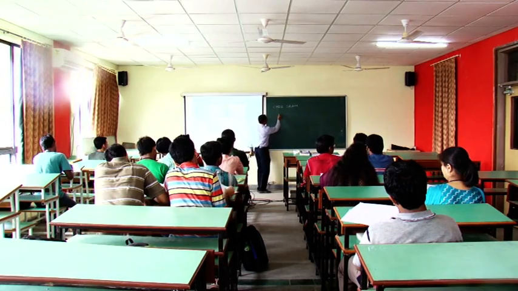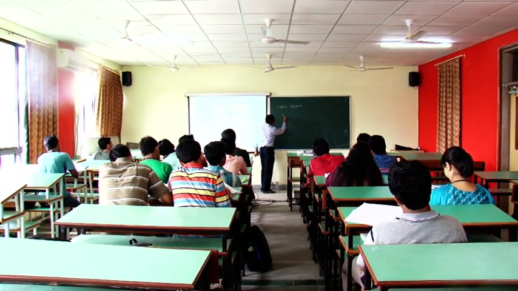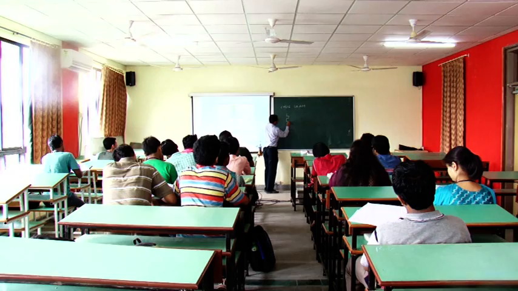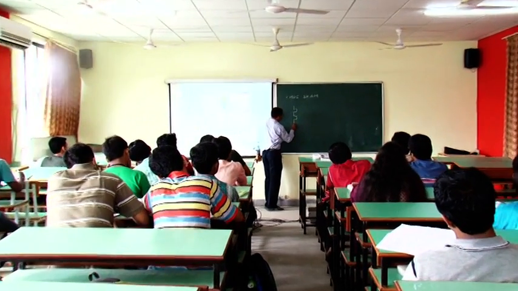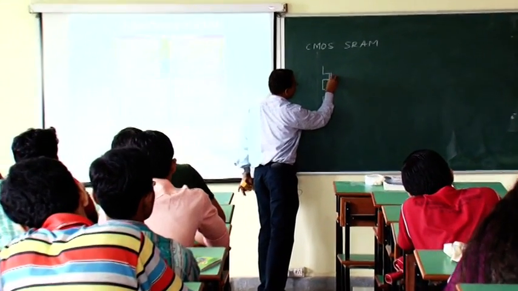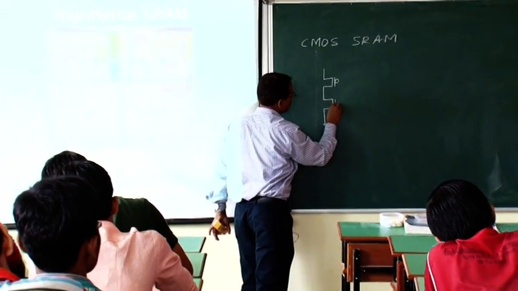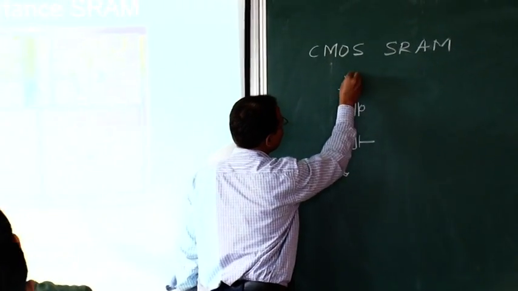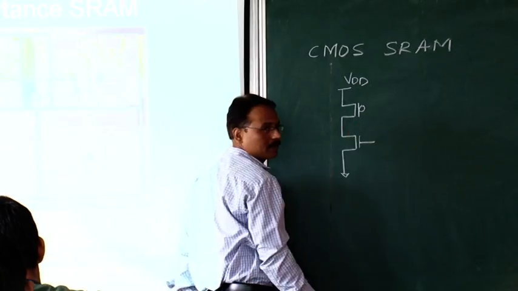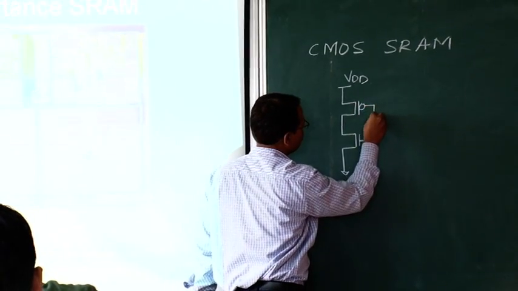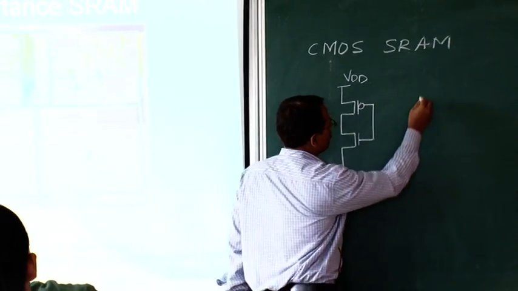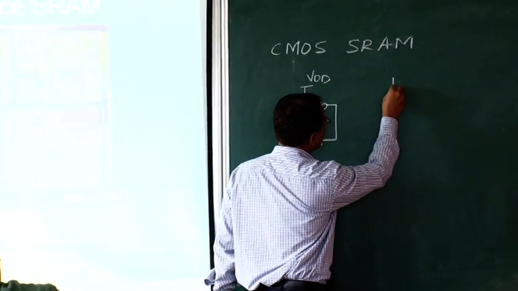Now what do I have to do? I have to draw 2 inverter circuits. This is the PMOS transistor, and VDD is applied here. Then I will use another inverter circuit.